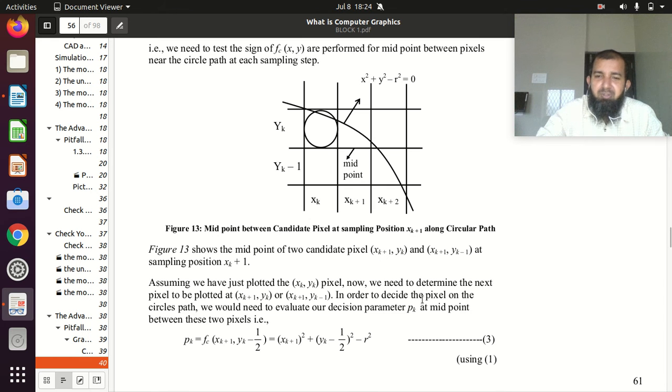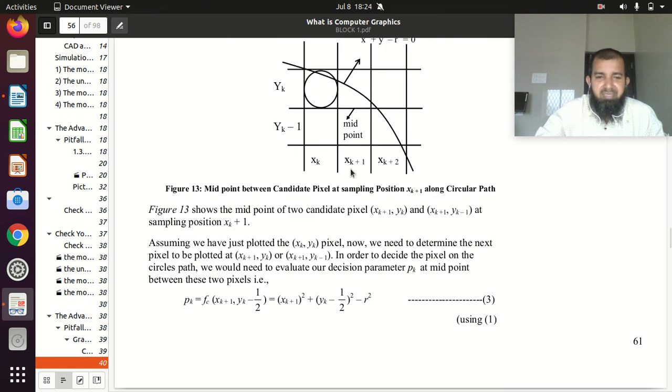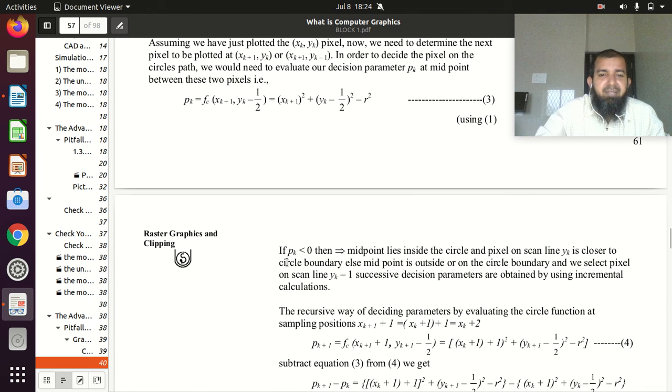In order to decide the pixel on the circle's path, we need to evaluate our decision parameter at the midpoint between these two pixels. Based on the decision parameter, the next pixel is either this one or this one. If pk is less than 0, the midpoint lies inside the circle and the pixel on scan line yk is closer to the circle boundary.